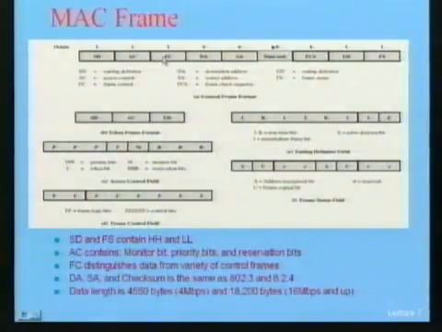And then they have frame control. Frame control is the one that is used to implement instructions, really. You have to have a bunch of instruction sets to communicate between the terminals. Those instructions are coded in frame control.